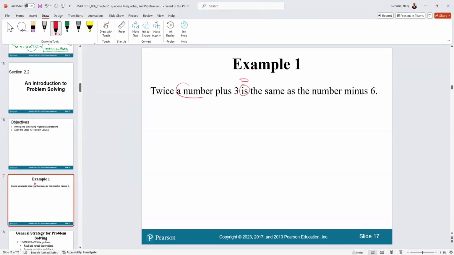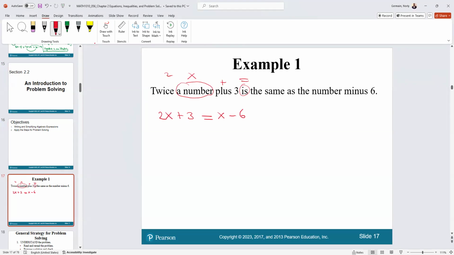Anytime you don't know a number, you can replace it by a variable. Twice means 2 times a number, plus 3, is the same as x minus 6. So we can write that one, and of course, that's an example.